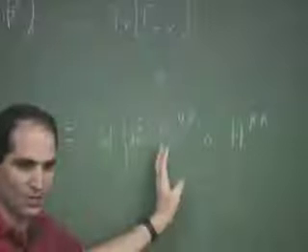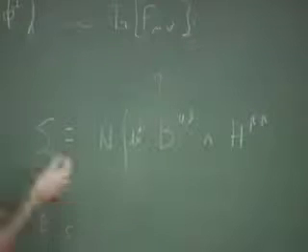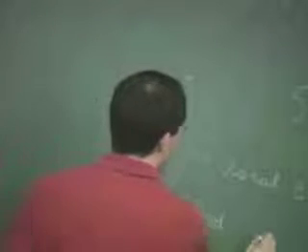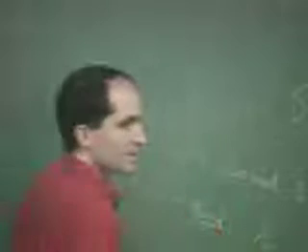It doesn't depend on the metric, and if you had fields with this action, they lead to no local degrees of freedom. But if you put a boundary and you impose local boundary conditions, then you'll find that this action leads to a degree of freedom that lives at the boundary, and on the boundary, this degree of freedom is just a vector field, A_mu. Okay, so that's the U1 of the UN.